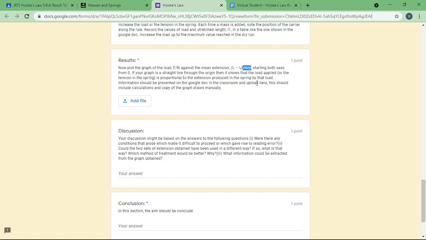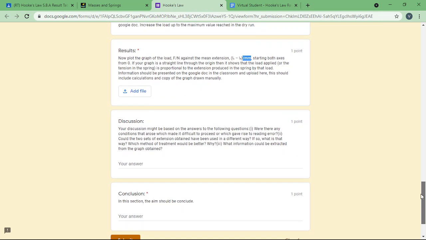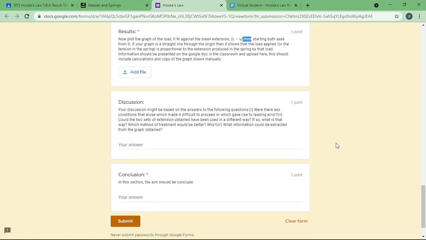Now, that is Hooke's law right there. Now, there are some housekeeping things that you're encouraged to do. You will be seeing some more information coming on how to treat your results.